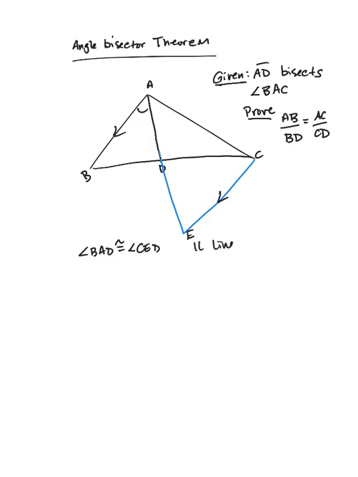Parallel lines, alternate interior angles are congruent. Now, we also know that, I will call this angle 1 and angle 2 as a shortcut, angle 1 is congruent to angle 2 because vertical angles are congruent.